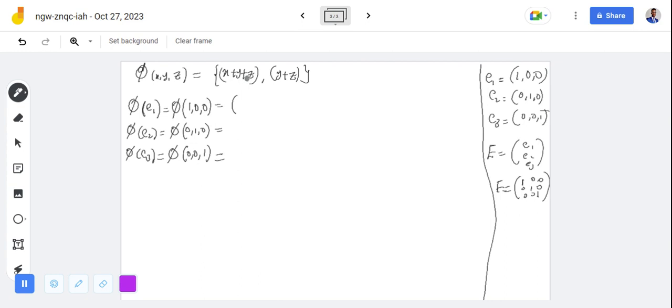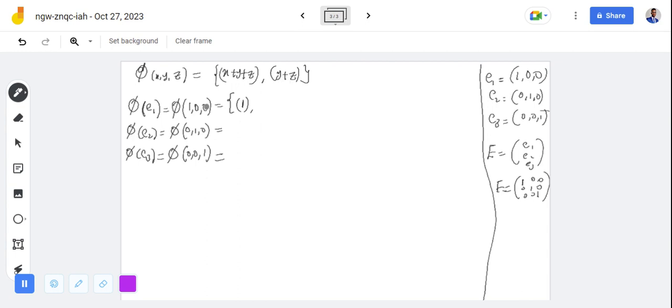Let me explain it clearly. I have a curly bracket, so that you don't get confused. Now x plus y plus z, where x is 1, y is 0, z is 0. Substitute it here, that will be 1 plus 0 plus 0, and that is 1 in a bracket, comma. This is y plus z.